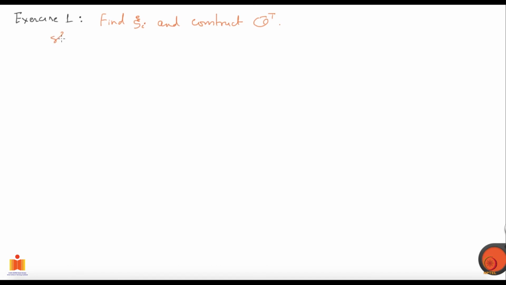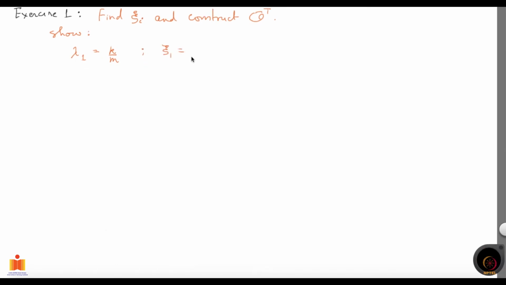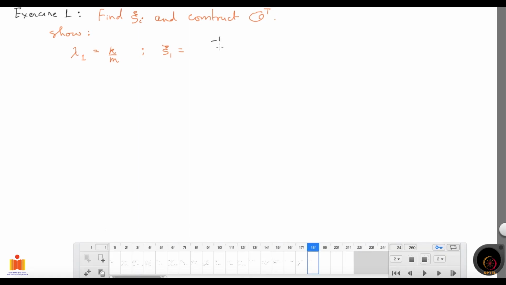So that's what you have to do, which basically amounts to the following. You show that for lambda 1 equals k by m, this eigenvalue, the corresponding eigenvector xi 1 is -1, 0, 1.